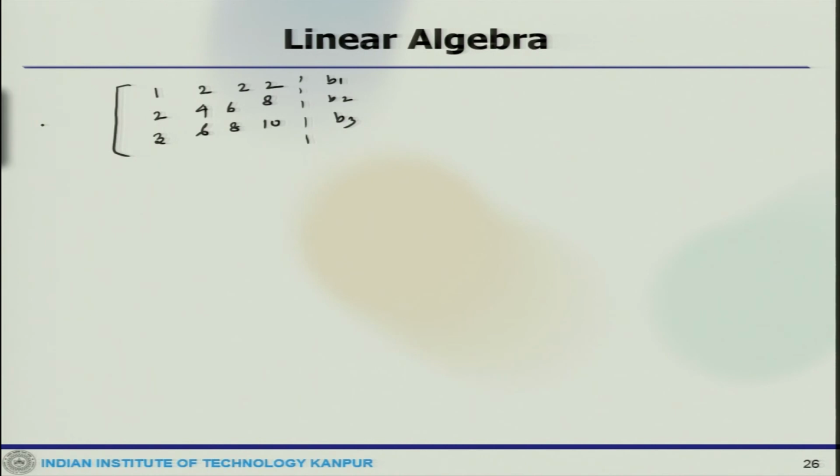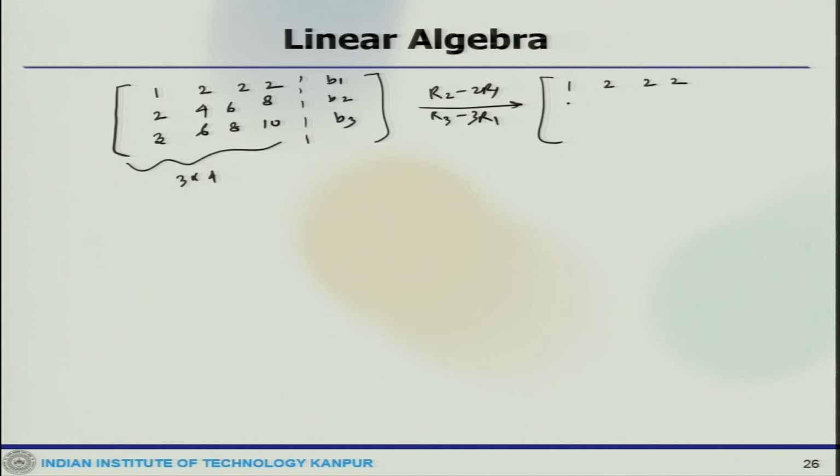So, we are going back to this 3 by 4 system. Here the operations are R2 minus 2R1 and R3 minus 3R1, which will give us 1 2 2 2, 0 0 2 4, 0 0 2 4, and b1, b2 minus 2b1, b3 minus 3b1.